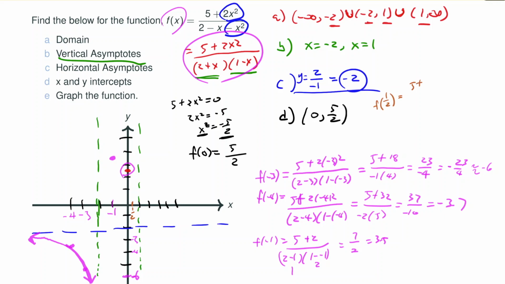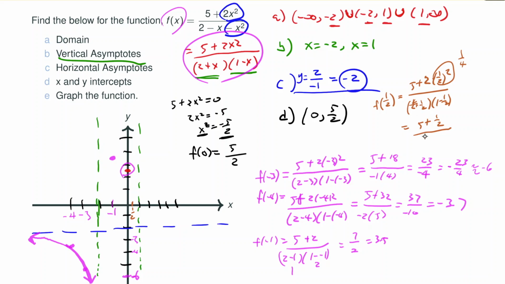gives us 5 plus 2 times 1 over 2 squared over 2 plus half, 1 minus half, which gives us 5 plus, this is 1 over 4. So 2 times 1 over 4 gives me actually half, over 2 plus 1 over 2, this is 4 over 2, right?